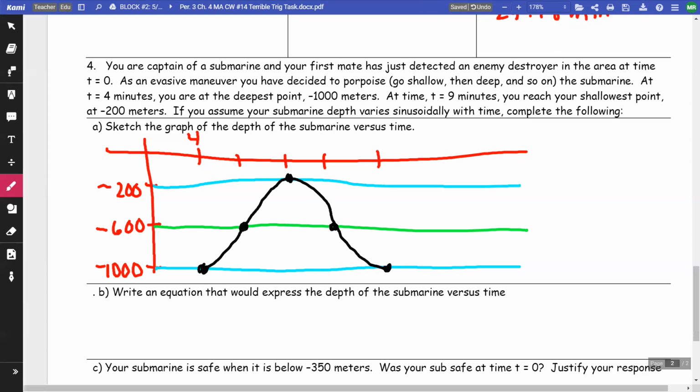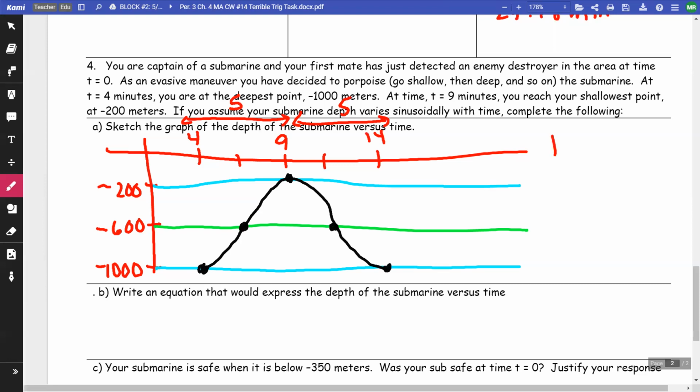Now for this, what we want to figure out, and we know that at 9 minutes, we're at the shallow. So this right here is going to be 9. And so the distance from here to here is 5. So that means I'm going to go another 5. And so that's going to be at 14.